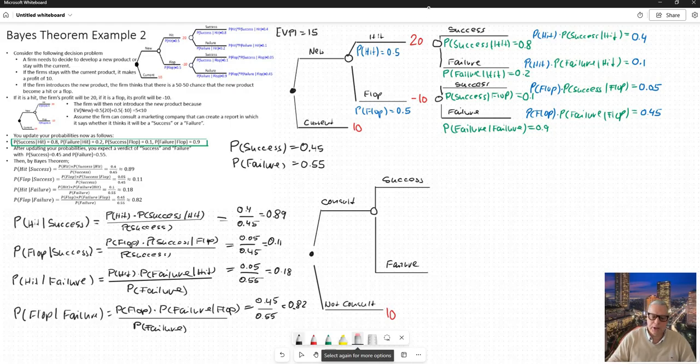Okay, so now next I need to decide. The consulting company comes back and tells me it's a success. So now I need to decide. So that's a decision node. Shall I go with the new, or shall I go with the current?